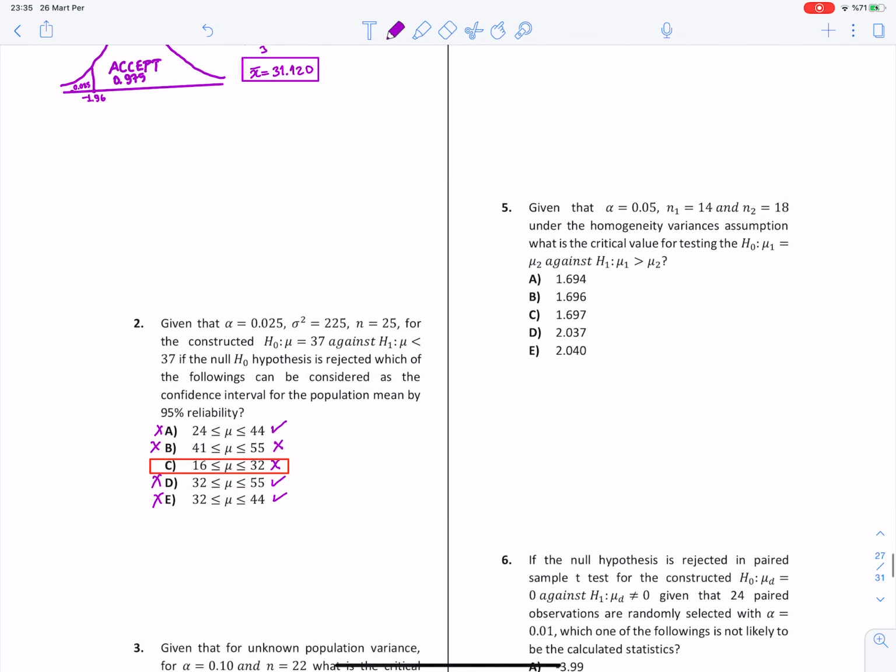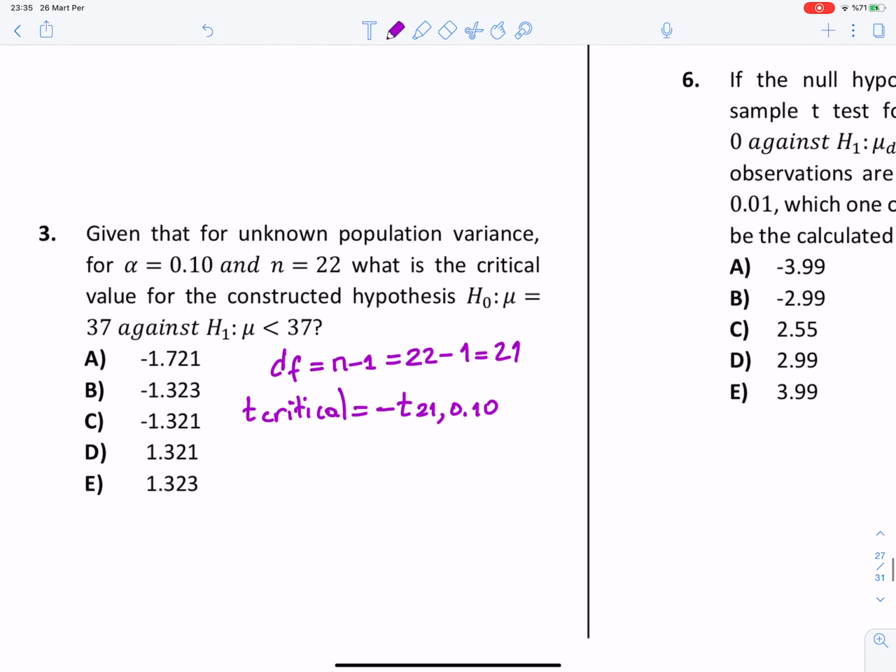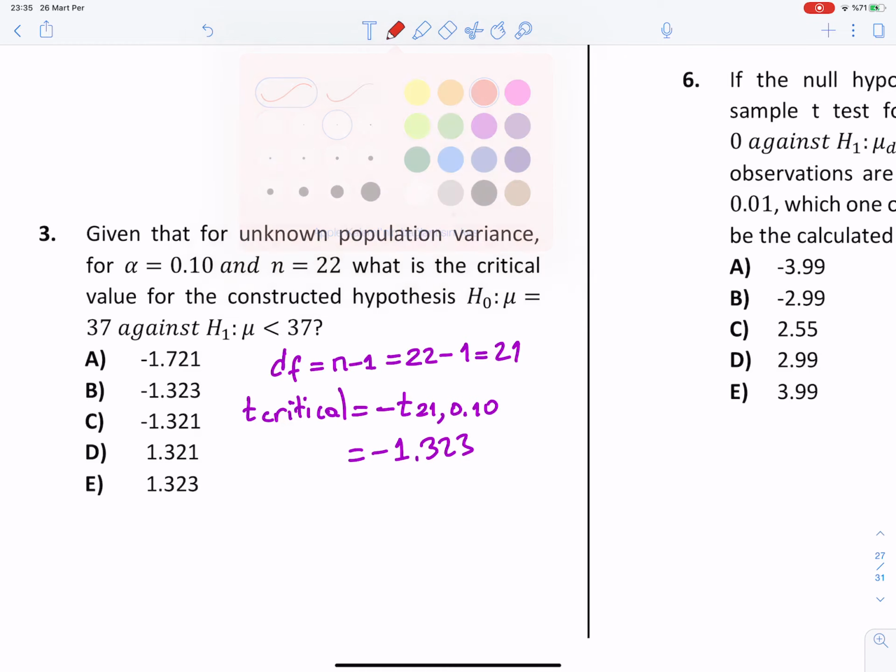So the correct answer will be equals minus 1.323. So in this case, the correct answer is option B.